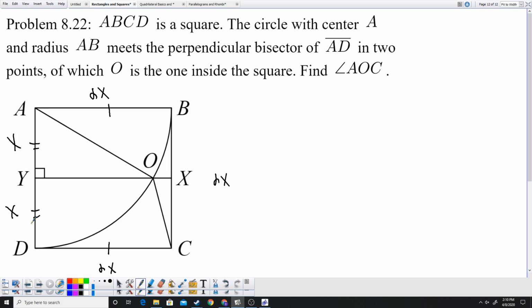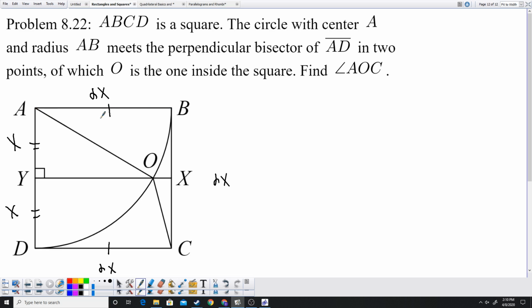Alright, what else can we figure out? Well, AO is meeting the perpendicular bisector, but the radii of the circle is AB. So let's keep this in mind.